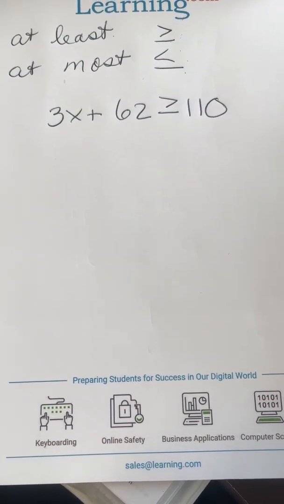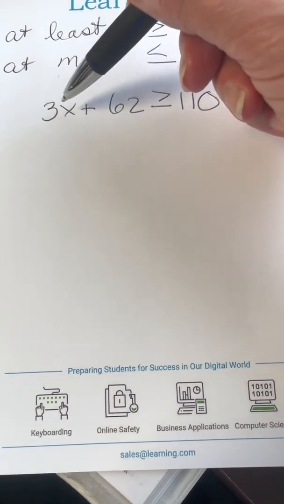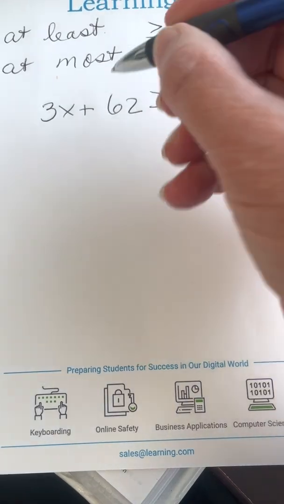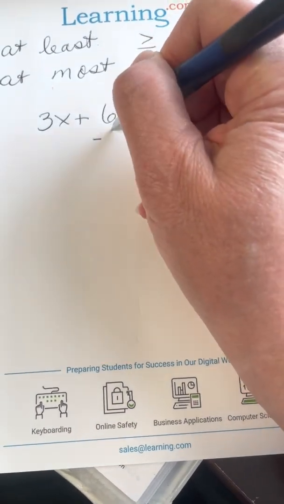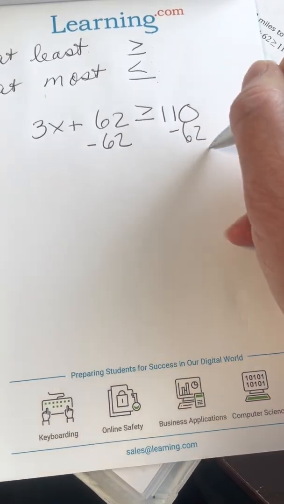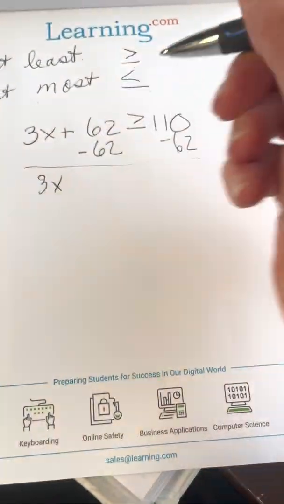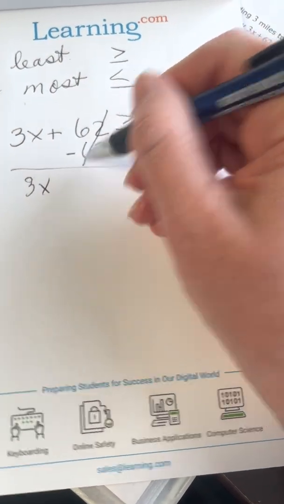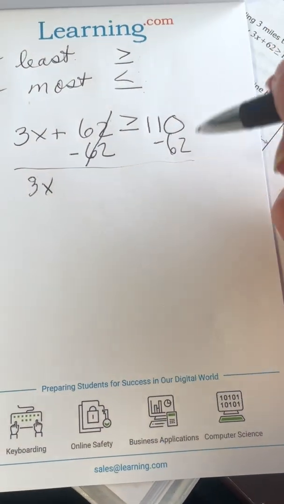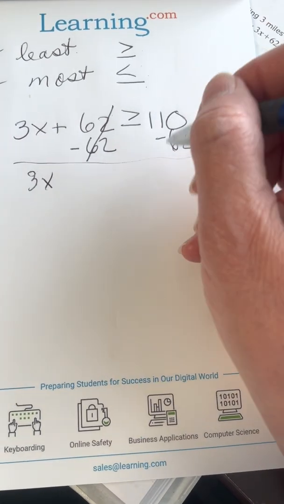So we're going to do the same thing that we just did, trying to get the 3x term by itself. We need to get rid of the 62. Since it's joined by addition, we're going to subtract it from both sides, and then the 3x comes down, the 62's go away, and 110 take away 62 is 48.